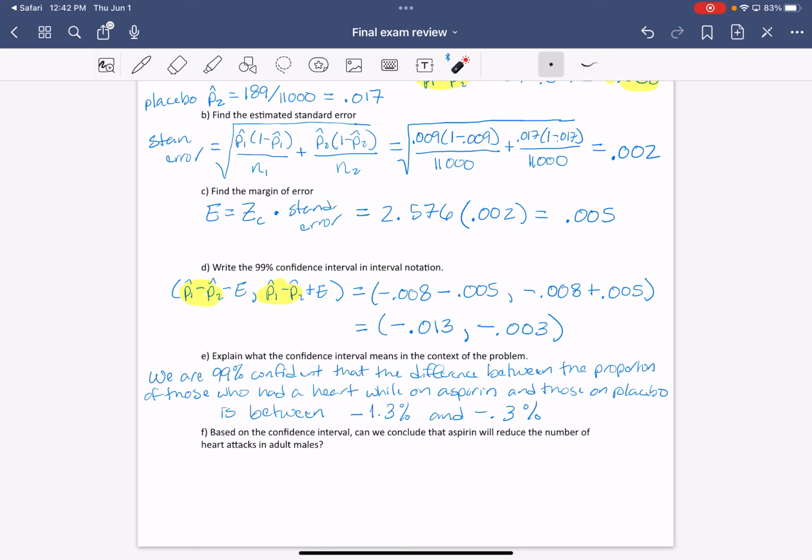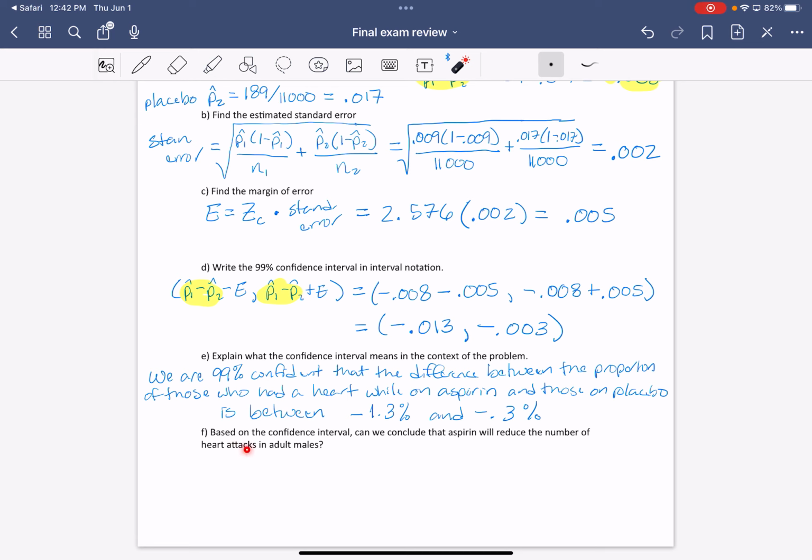What we're saying is that we know the proportions of people who have a heart attack while on aspirin versus those who have a heart attack while taking the placebo are going to be different. So when we subtract them, there's going to be some difference between them. I don't know what it's going to be, but the difference between them we're expecting to be within this range.